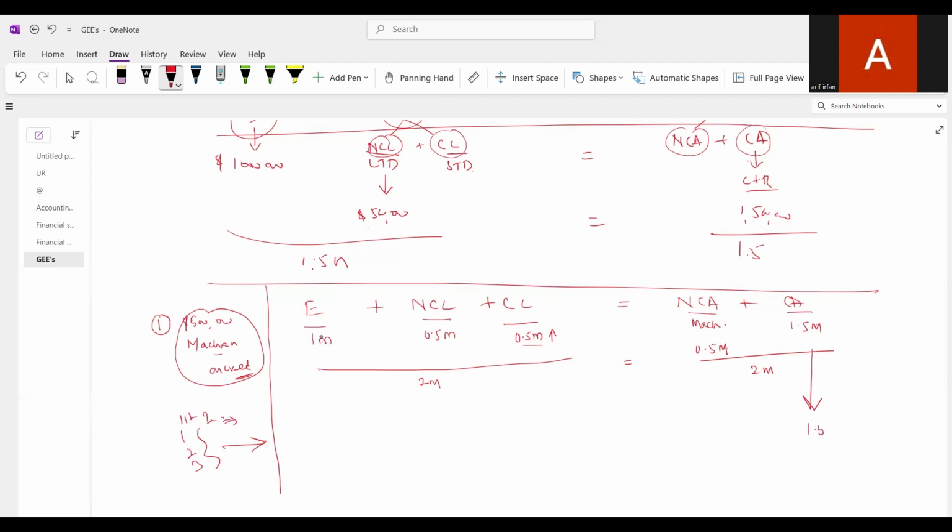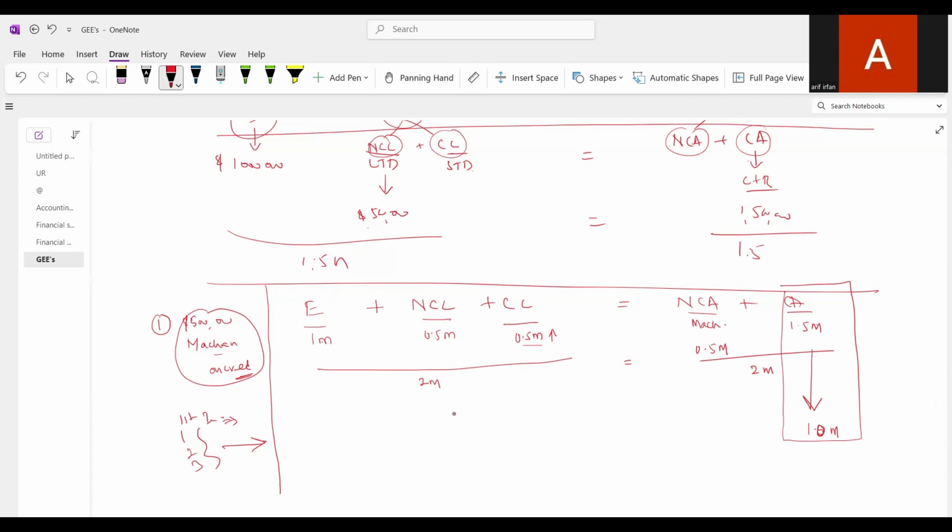So now our cash and bank balance is 1 million, right? Current asset is reduced. And what else will happen? Not depreciation. Depreciation will be calculated at the end of the financial year.